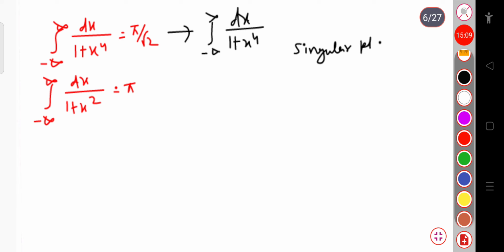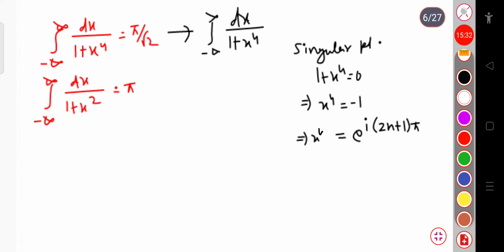For the singular points you put 1 plus x power 4 equal to 0, so that implies x power 4 will be equal to minus 1, and for minus 1 I can write this is equal to exponential iota (2n plus 1) pi. So x will be equal to exponential, if I take 1 by 4 in the power, iota (2n plus 1) pi divided by 4.